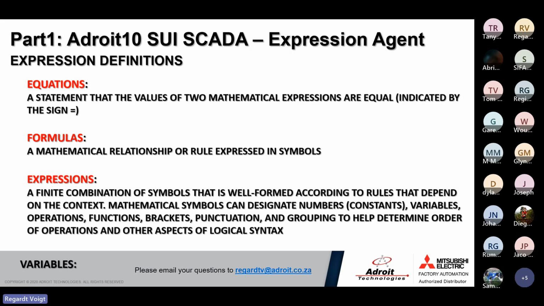A formula is a mathematical relationship or rule expressed in symbols. So in other words, variables. These variables can have coefficients, meaning that there can be constants which are multiplied, and so on. But the output will always be an unknown, a variable that needs to be calculated. So that's a formula. Now an expression.